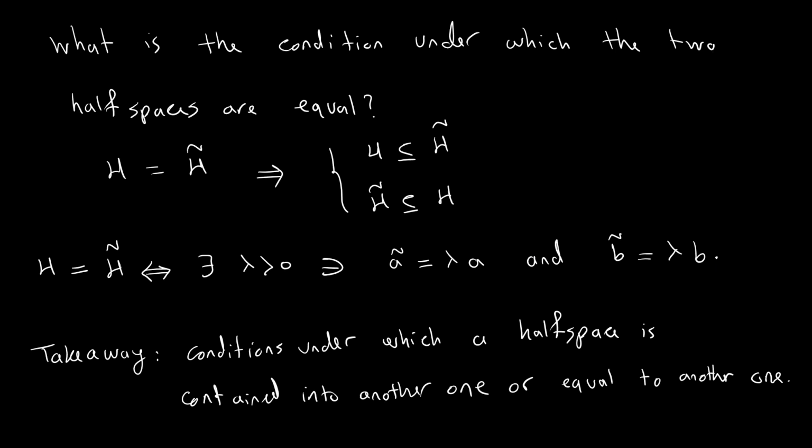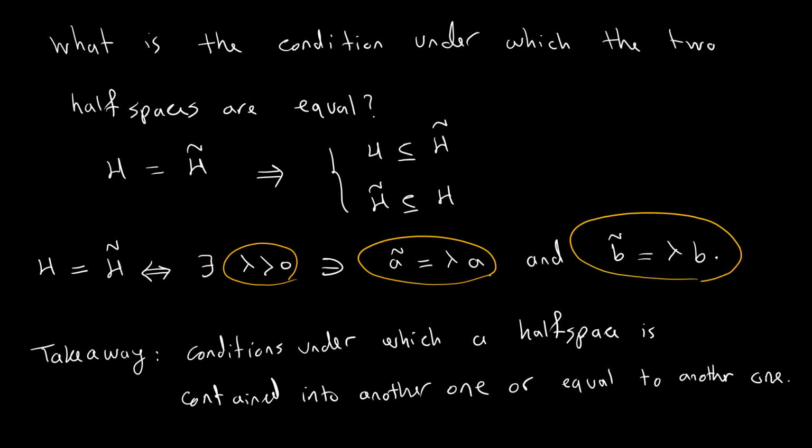Great. We are on the last slide for this question. I know it was a long video, but I had no choice because I wanted to explain every detail of this question. So the condition under which we have two half spaces equal to each other is the same as the conditions we had, except we have to have the last inequality as equality.